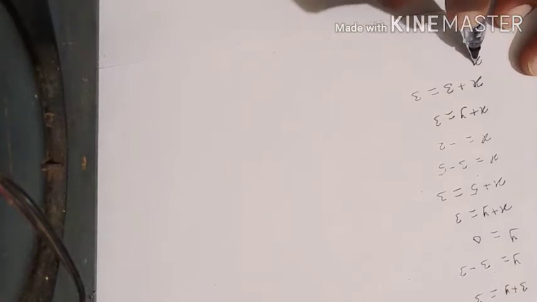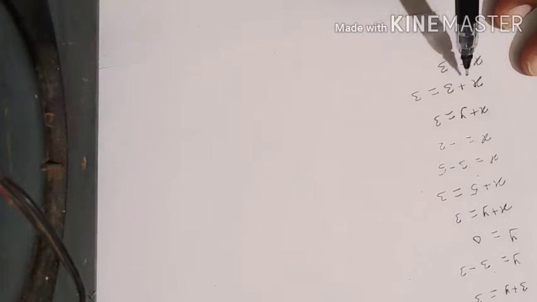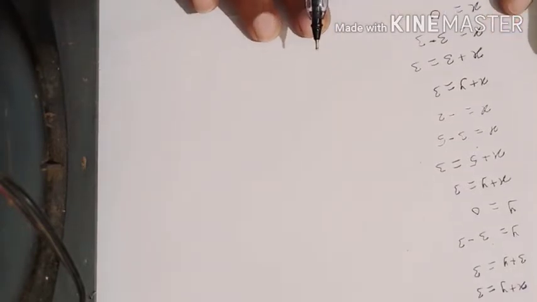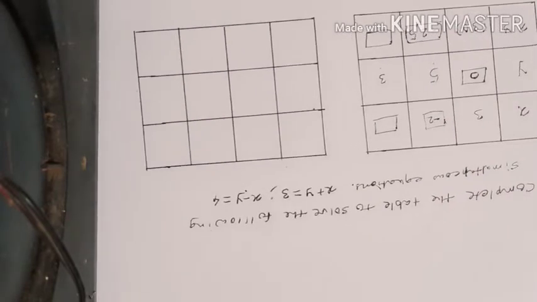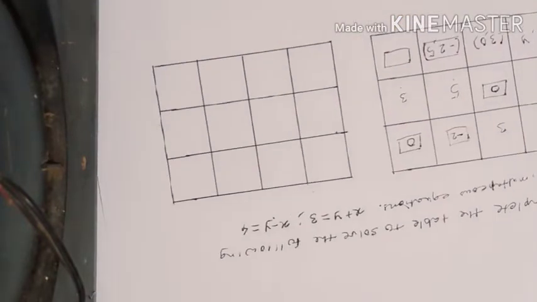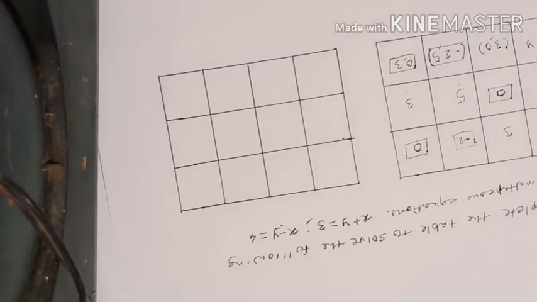Now x is equal to 3, and plus 3 becomes minus 3. Therefore, x is equal to 3 minus 3 is equal to 0. I will write this value of x in that box. Therefore, the coordinates of this point are 0, 3. In this way, the first table is complete.